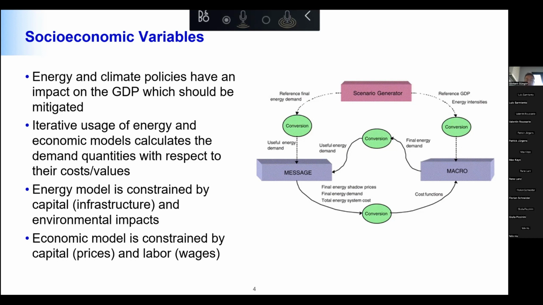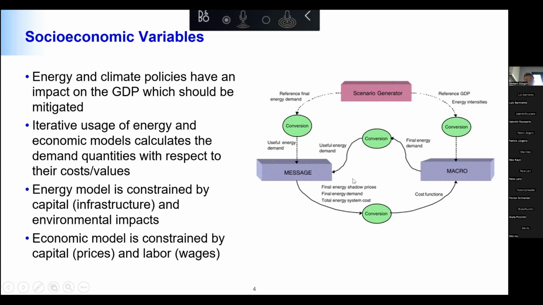So we have to take these changes in the prices into account for reassessing our energy demand projections. So in general, energy models are used iteratively with macroeconomic models where we have a production function and we have the prices and we have the substitution effects, where we can solve this problem iteratively until we have convergence of the quantities of energy demand and the prices.